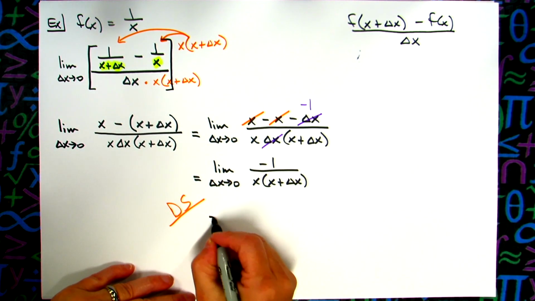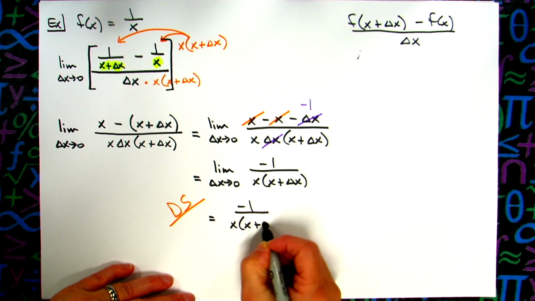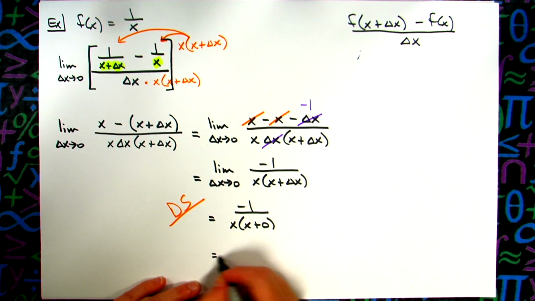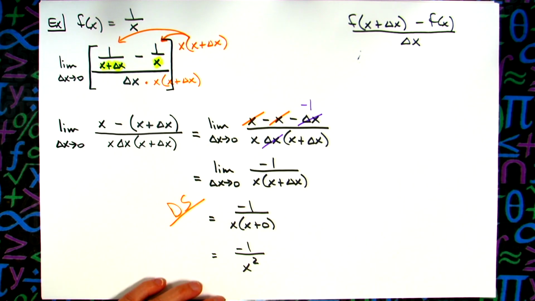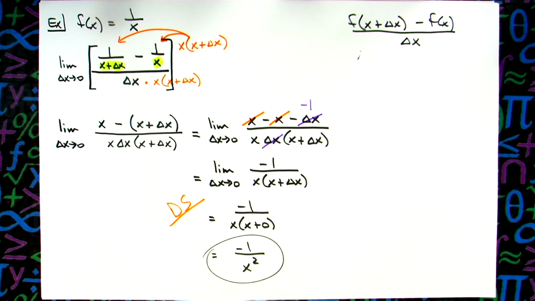Then I'm going to have a -1 on top. I'm going to have an x plus 0, which basically makes the denominator x times x, or x squared, because we're adding there. So -1 over x squared. And then we're pretty much good to go there.